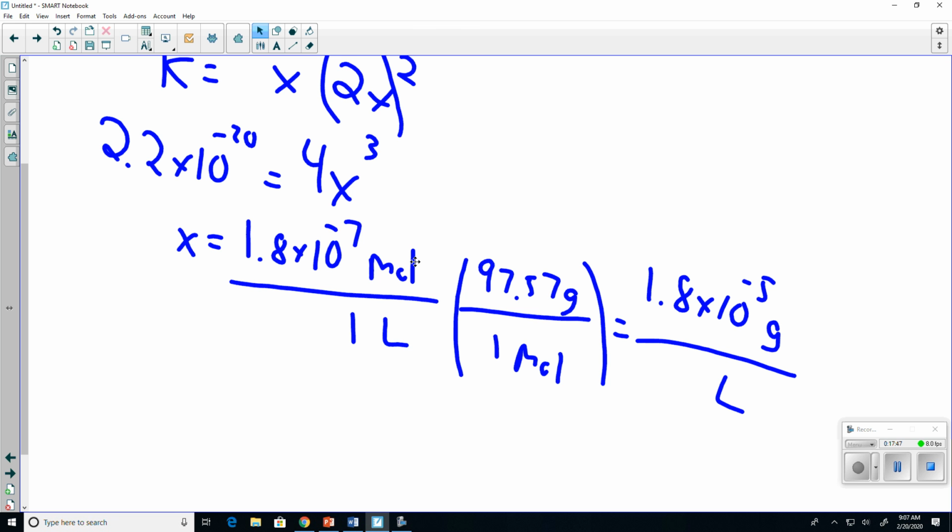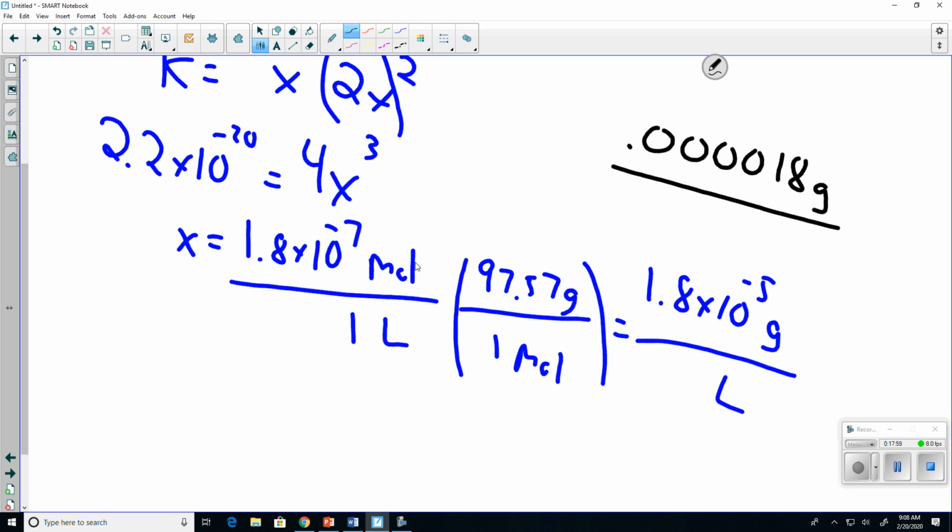So the solubility of copper 2 hydroxide would be 1.8 times 10 to the negative 5th, I'm sorry, grams per 1 liter.